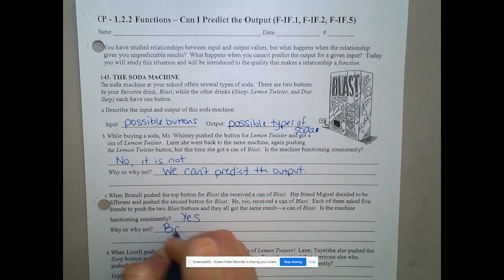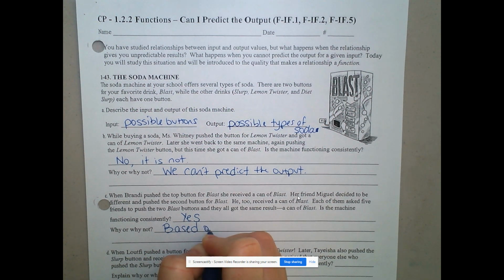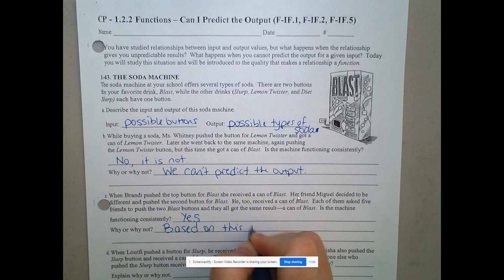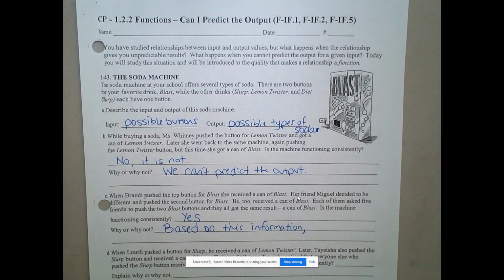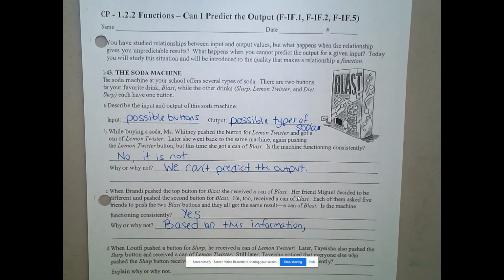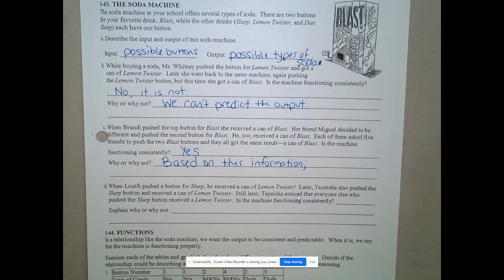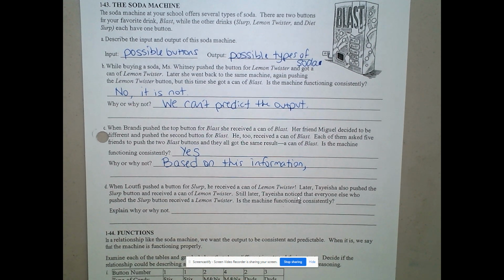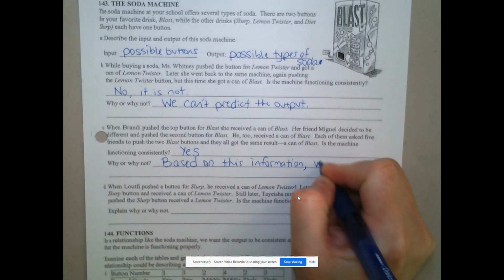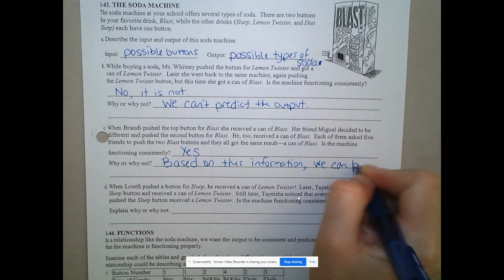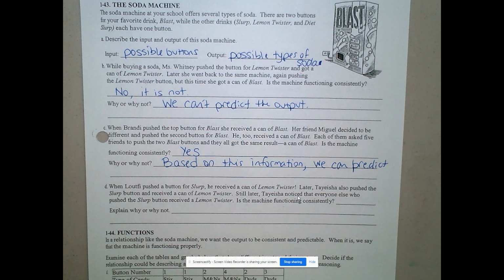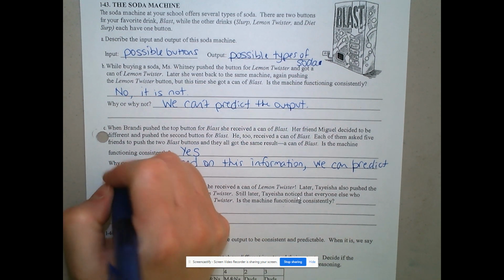And one of the things I'm going to do here is write based on this information. We can't guarantee that every single time it's going to come out Blast, but they've done enough samples at this point where it seems like it's working predictably or consistently. So we would say based on this information, we can predict when Blast is selected, the output will be Blast.